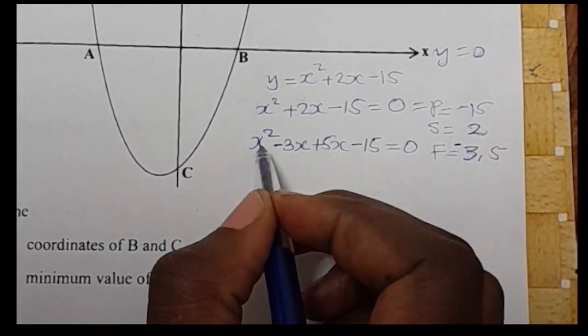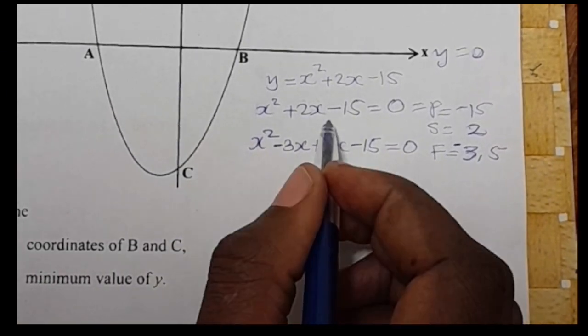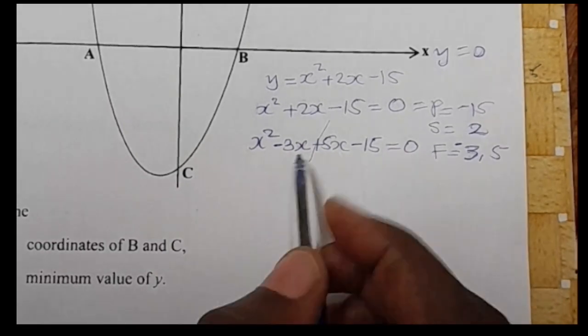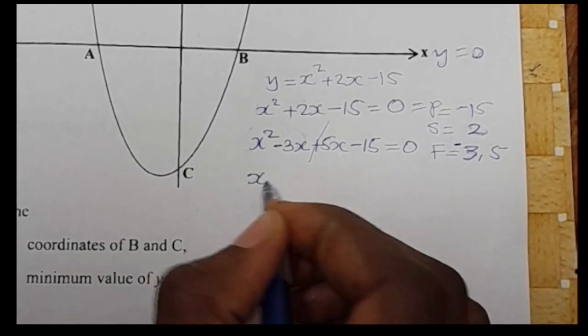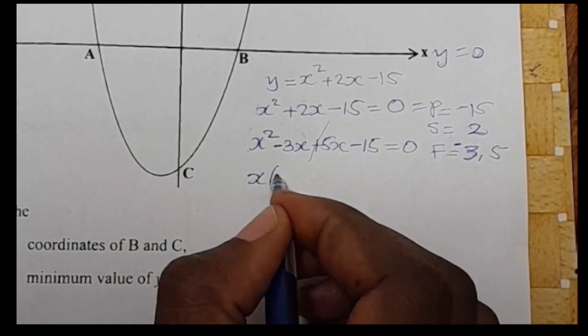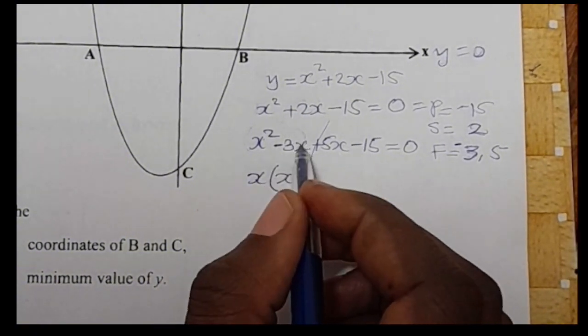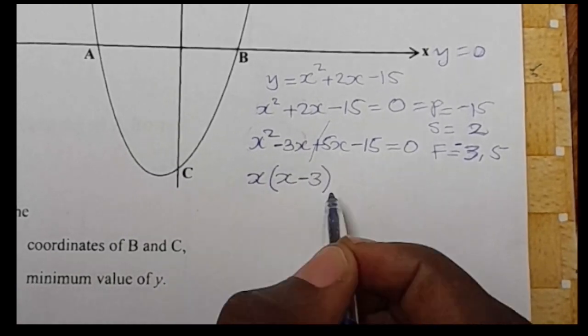Next, since there are 4 terms here, 1, 2, 3, 4, we are going to group them, pair them into 2. So what is common here, or we need to factorize this, what is common here is x. Open brackets, x squared divided by x, you remain with x, then negative 3x divided by x, you remain with negative 3 in the brackets.